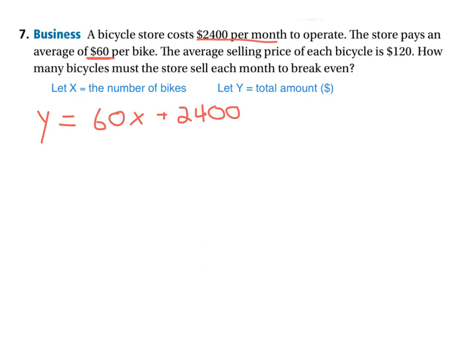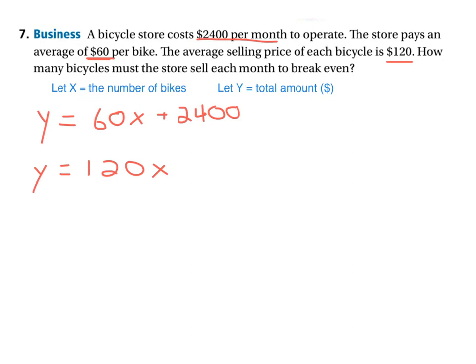And the other equation then will be the total amount of money brought in. How much are they bringing in? Their average selling price for each bicycle is $120. So that says you will bring in $120 per bicycle.